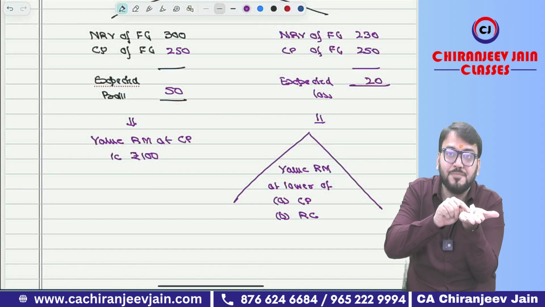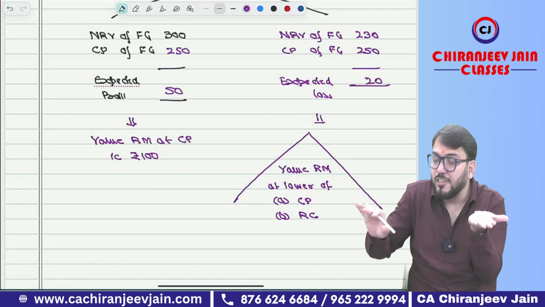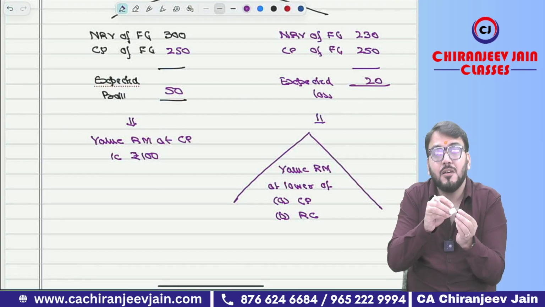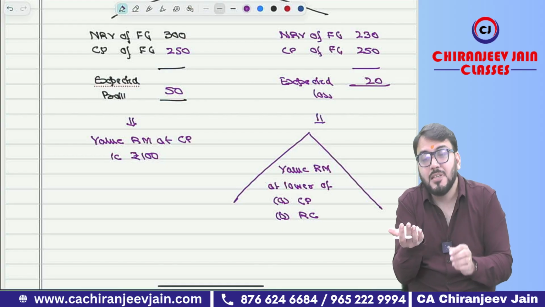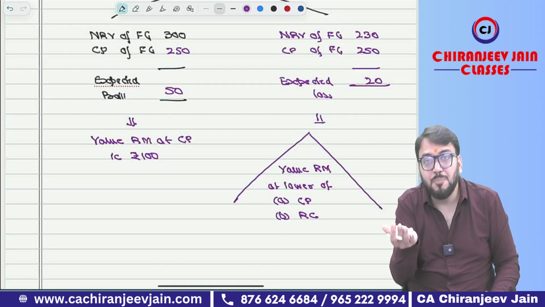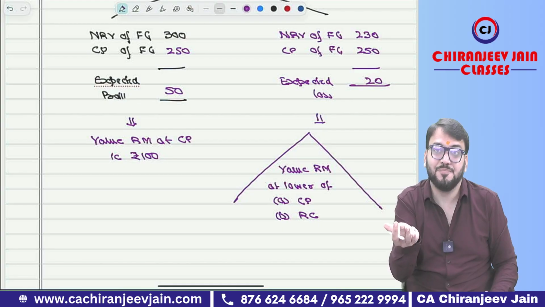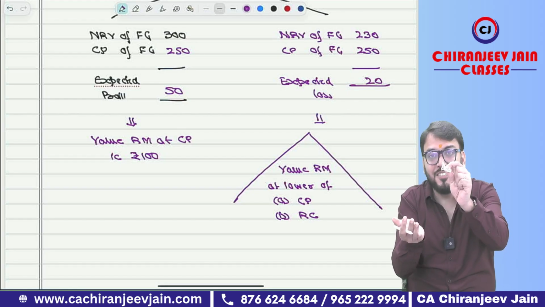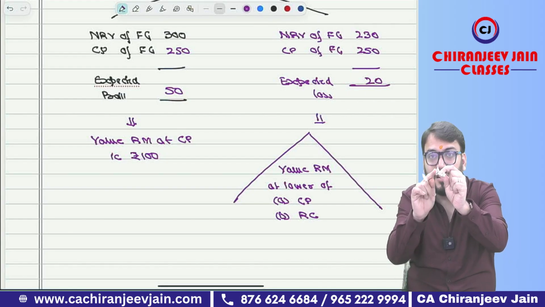Suppose we purchased this raw material at rupees 100. Until now production has not started. One year has gone by. At year end, the same raw material can be purchased from the market at rupees 80. Our competitor will purchase at rupees 80. Are you getting what I am saying?